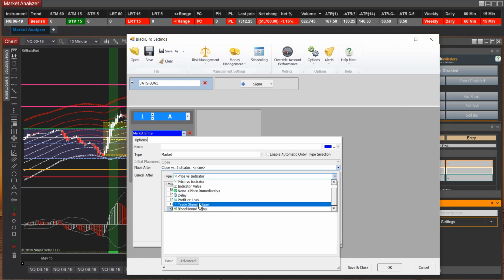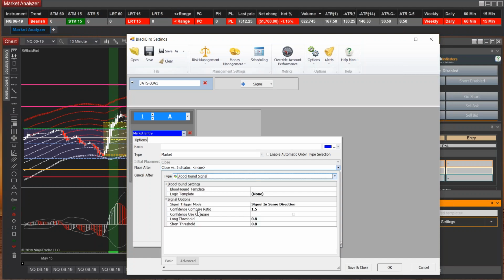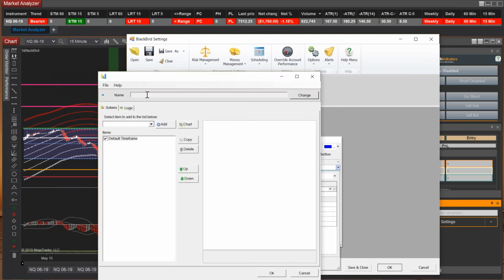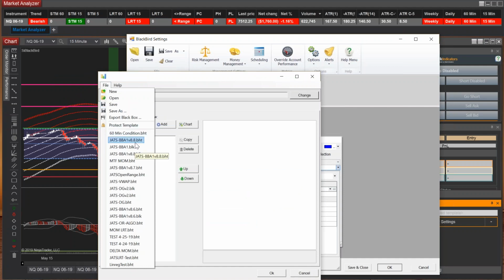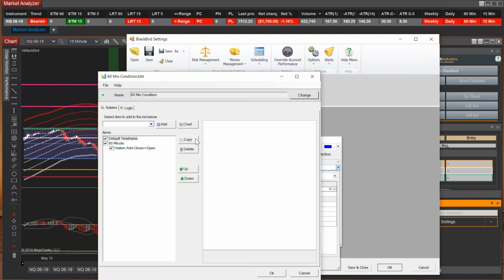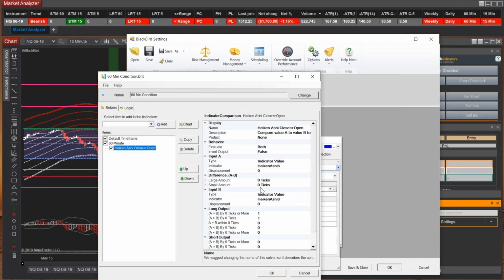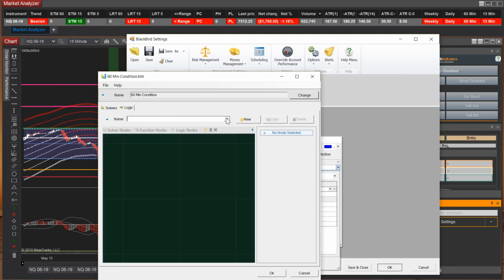It's just amazing all the things that you can do. So you can collect a BloodHound signal, come in here and select a different template. So if you wanted that 60-minute condition, you can come in here, drop a 60-minute chart, put your open or close here, create a signal, there you go.